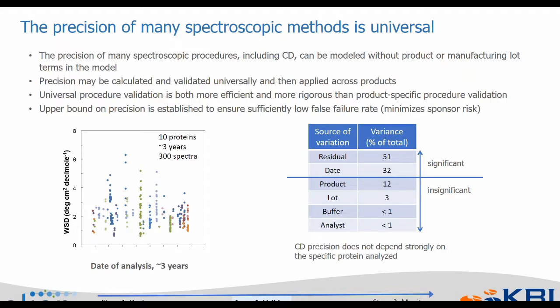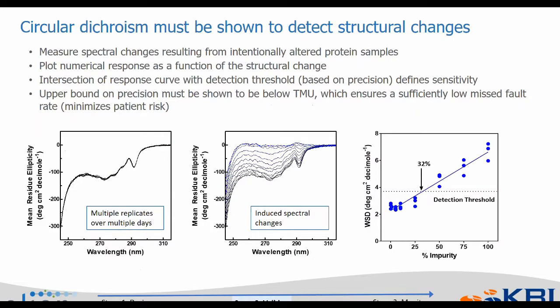And then about a third of it was from day-to-day fluctuations in instrument performance. All of the other terms that we looked at were insignificant compared to the residual and the date variance. So again, once we have this kind of knowledge, we can build that detection threshold and use it across multiple products. Okay.